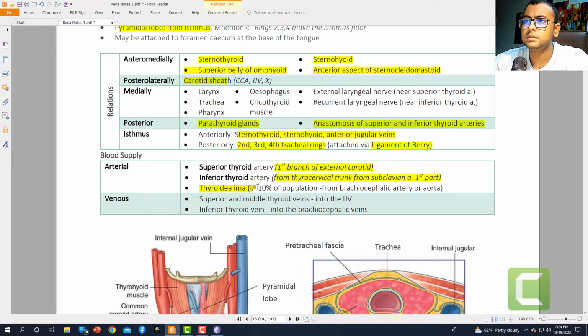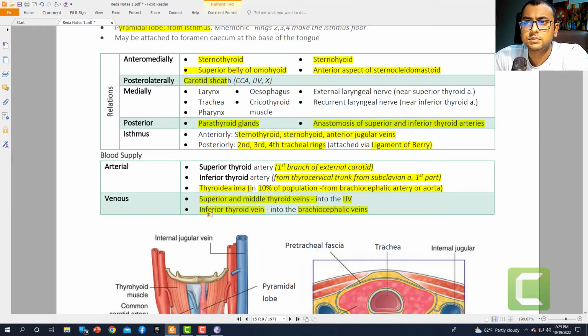Thyroidea ima, that is in 10% of the population, from brachiocephalic artery or the aorta. And the venous, that is superior and middle thyroid veins into the internal jugular vein, and the inferior thyroid vein into the brachiocephalic vein.